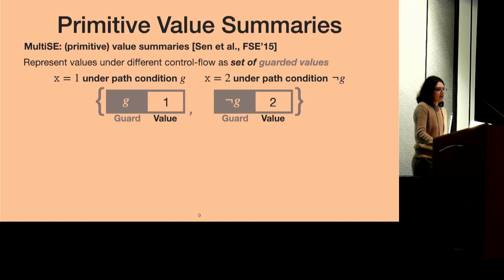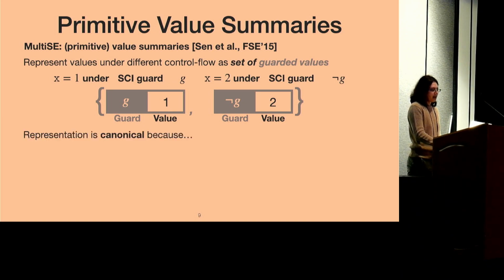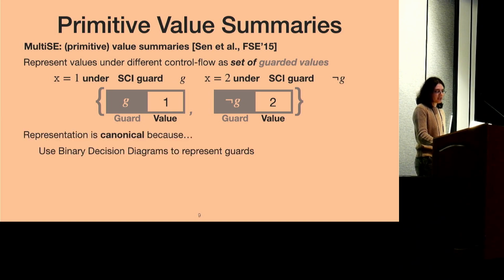Now, in the initial setting where these were used, this was for symbolic execution of sequential programs, so the setting is different from ours. In our setting, instead of path conditions, we are going to have SCI guards. But the rest of the idea is the same. And this representation is canonical because we use binary decision diagrams to represent the guards, so those are canonical.